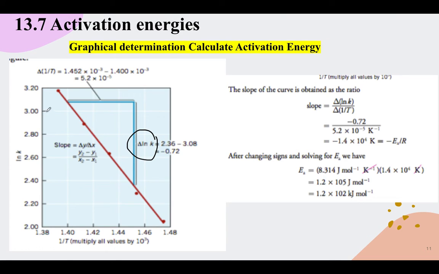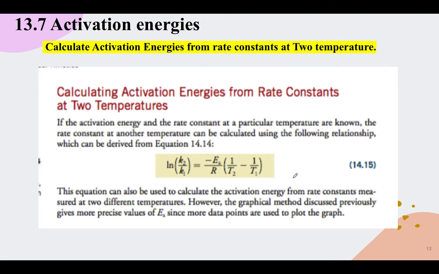From this we can get the temperature and k value, and calculate the activation energy from there. If we want to calculate the activation energy when we know the rate constant at a particular temperature and at another temperature, we can utilize this equation and calculate the activation energy.